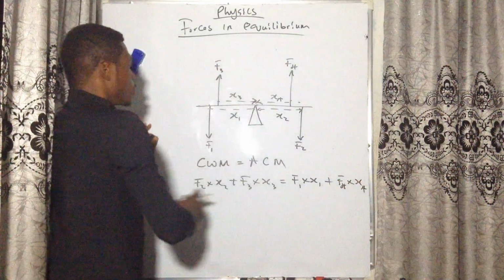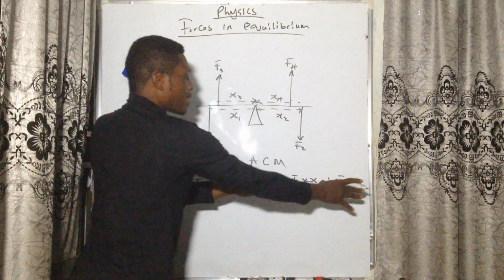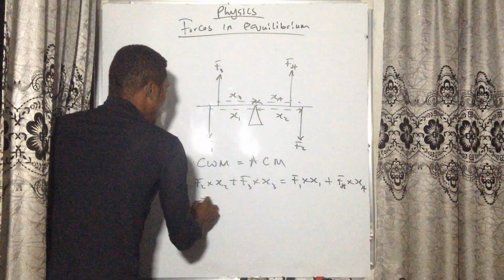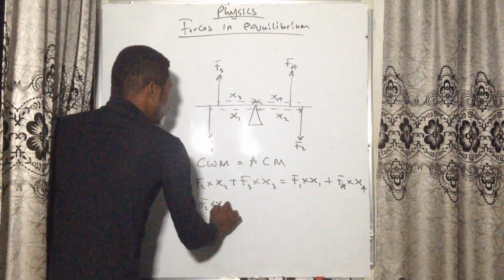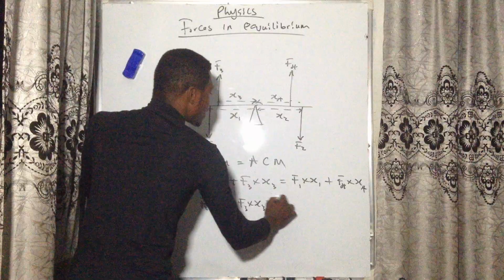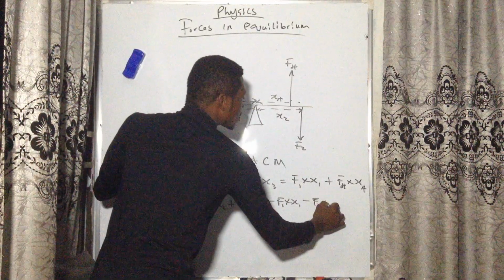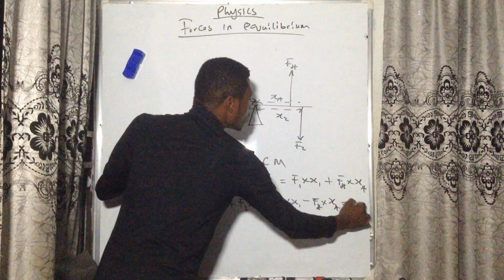Okay. So now we bring the right hand side to the left. So we now have F2 times X2 plus F3 times X3 minus F1 times X1 minus F4 times what? X4 equal to 0.